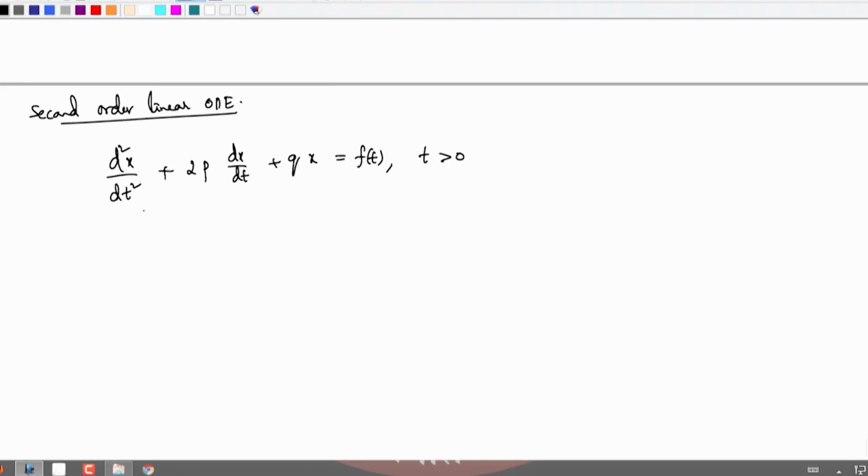This is a second order equation, so you should provide 2 initial conditions: x at 0 equal to a, and dx by dt at 0, also called x dash of 0, equal to some b. Here p, q, a, b are constants.